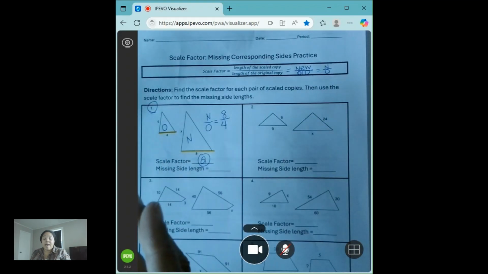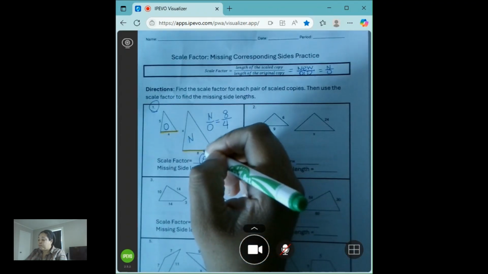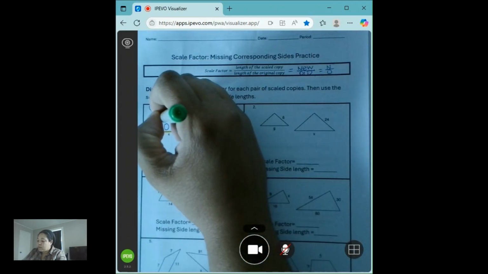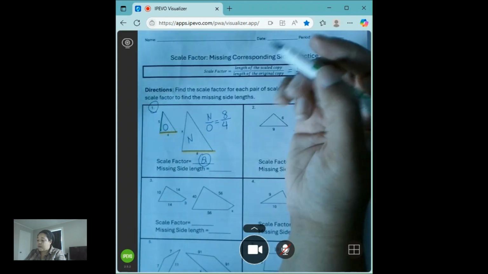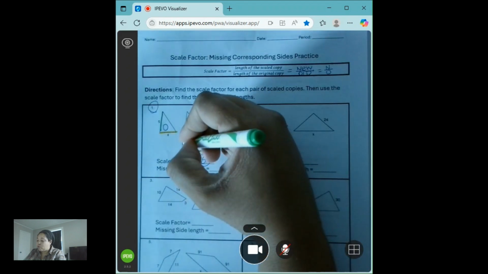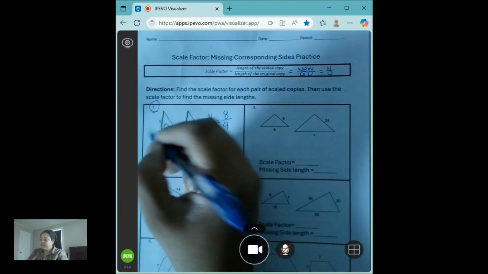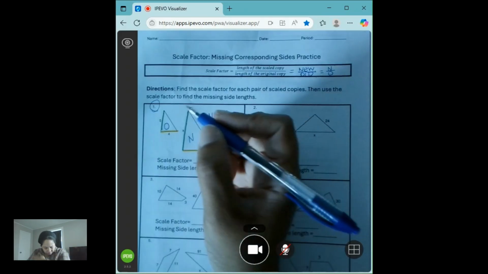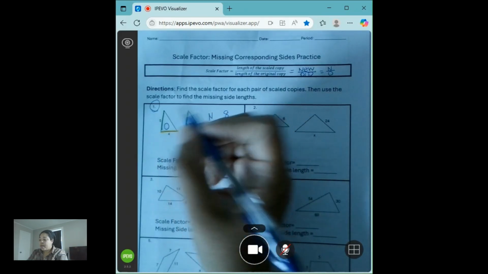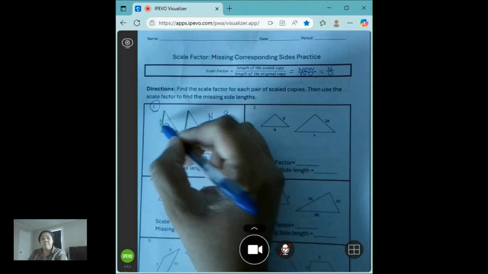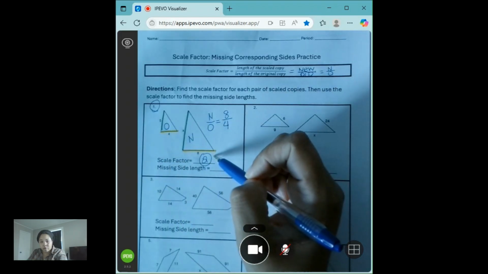Okay. So now I need to find x. I don't know what x is. This side is 5, but I need to find a measure that corresponds to this. One way to do that is to take this length and multiply by your scale factor.